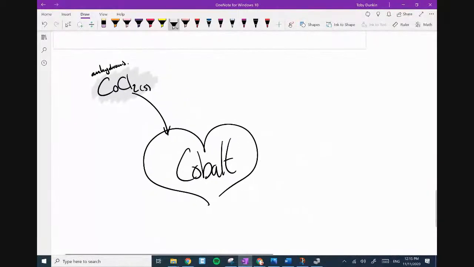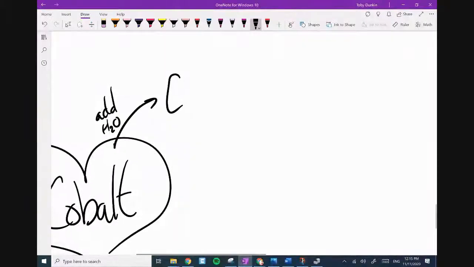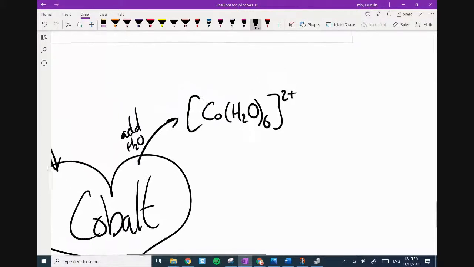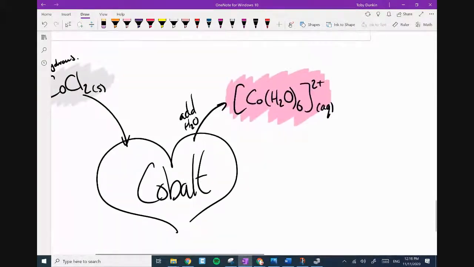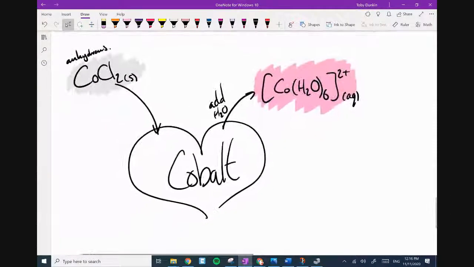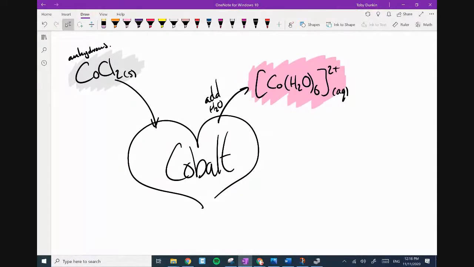And then we add it to water, and the first thing I'm going to form is the hexaaqua cobalt 2+ complex. And that is pink. Gotta love cobalt. It is also aqueous because it has a charge. We know if a complex has a charge, it's aqueous.